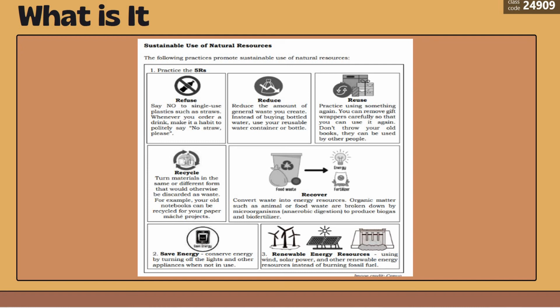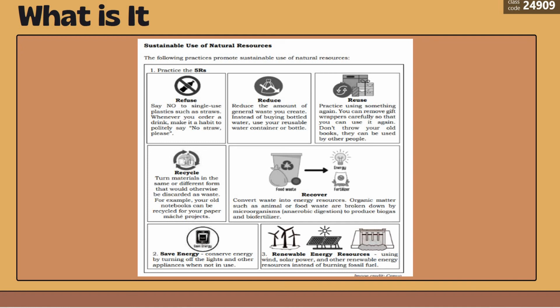The fourth word is recycle. Turn materials into the same or different forms that would otherwise be discarded as waste. For example, your old notebooks can be recycled into paper-based products. And the last of the 5 R's is recover. Convert waste into energy resources.